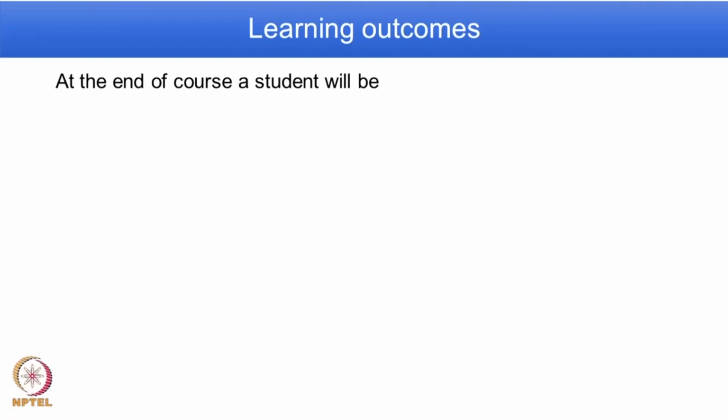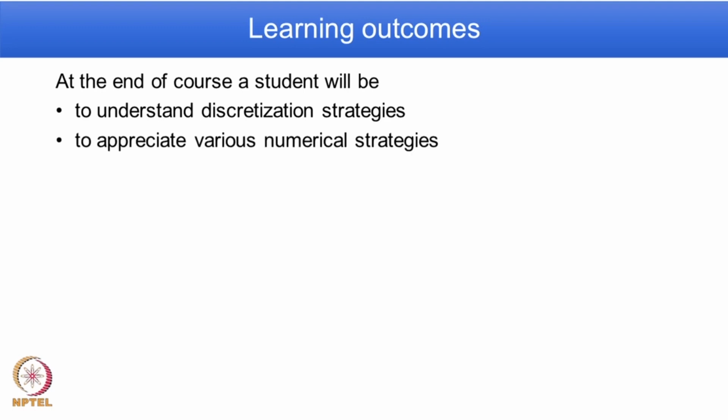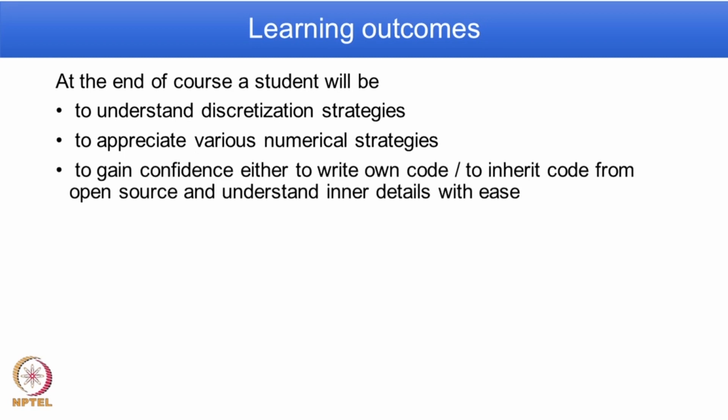So after going through this course, a student is expected to understand discretization strategies and appreciate different numerical strategies like computational domain, boundary conditions, what inversion procedure one has to follow, and how to obtain results and interpret them. One will also get confidence in writing a code, because we are going to see at the end a complete working code and its details, and that will give you confidence to write your own code.